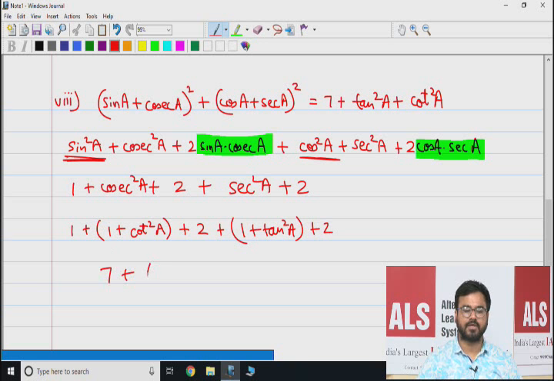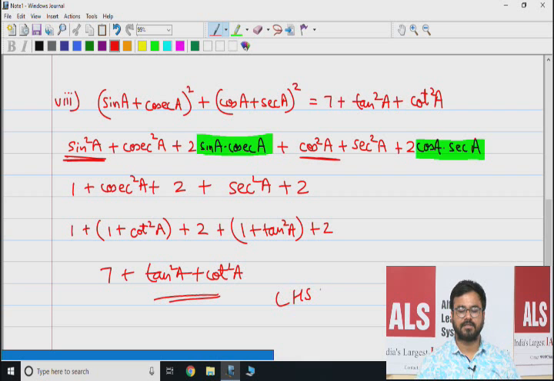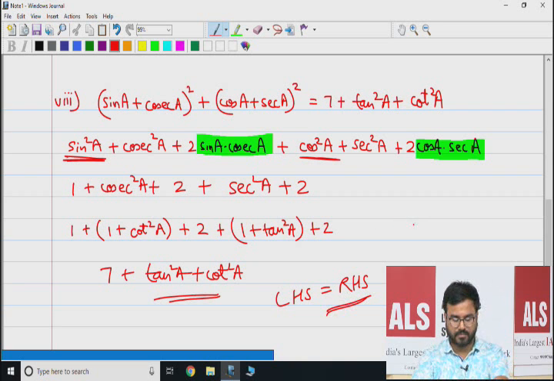So, 7 plus tan square A plus cot square A we are getting. So, we can say LHS is equal to RHS. I hope this is clear till now.